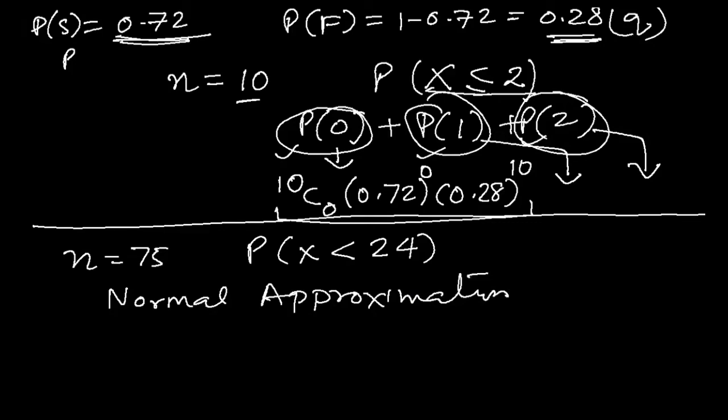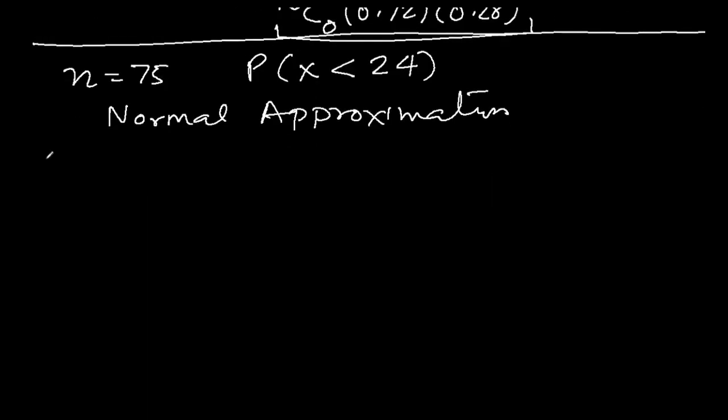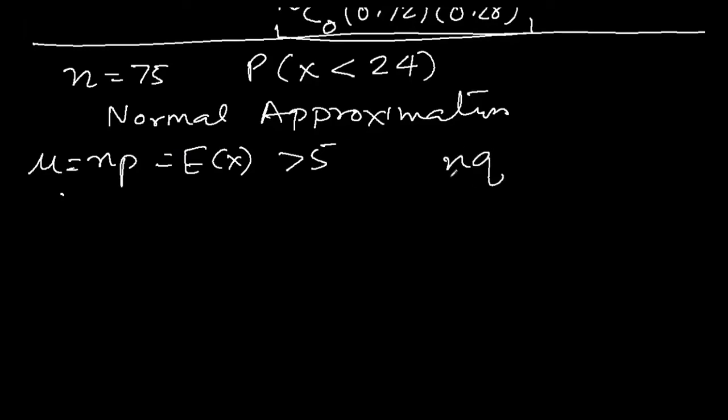So before we can approximate it normally, we need to test it. The test is this: NP, which is the mean or expected value of a binomial situation, should be greater than 5. Similarly, NQ, the total number of attempts multiplied by the probability of failure, should also be greater than 5.